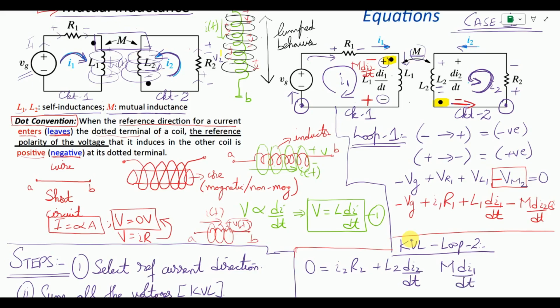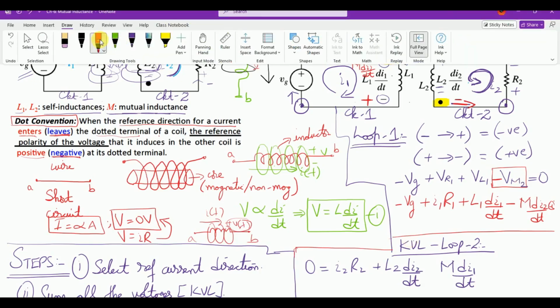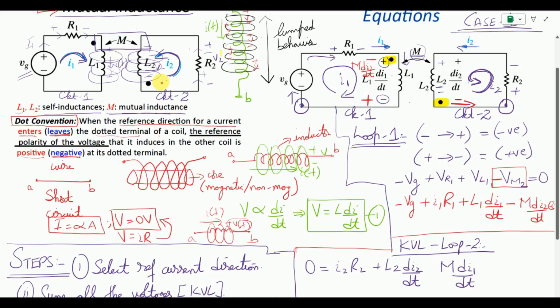Now we need to know what is going to be the sign associated with M. In order to find the sign which is coming from the first current, we need to look at the flow of current in the first loop, and we see that I1 is entering the positive terminal, which means the polarities of the dot on the second coil are going to be plus here and obviously negative here. So M is going to be di1 by dt.